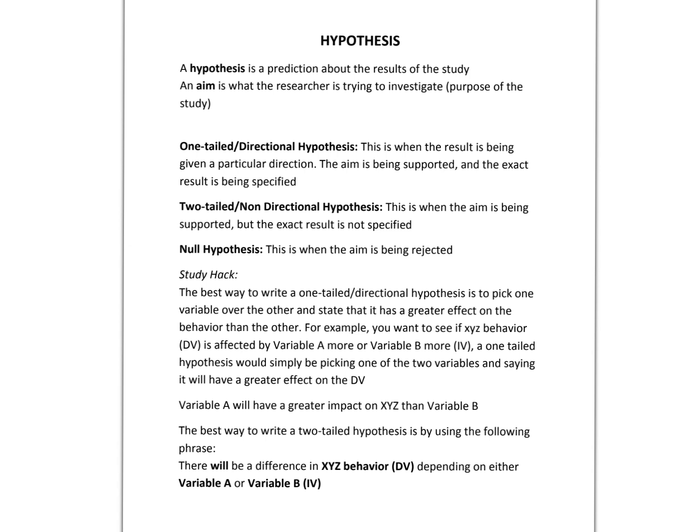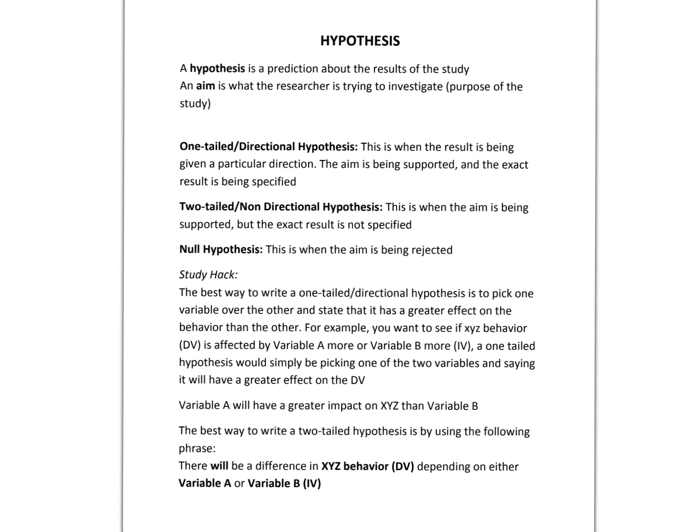Now, using this statement, variable A will have a greater impact on XYZ than variable B, let's apply this statement for this example. Remember, this is a one-tailed hypothesis. So I have to give my behavior of the results of the students a particular direction.